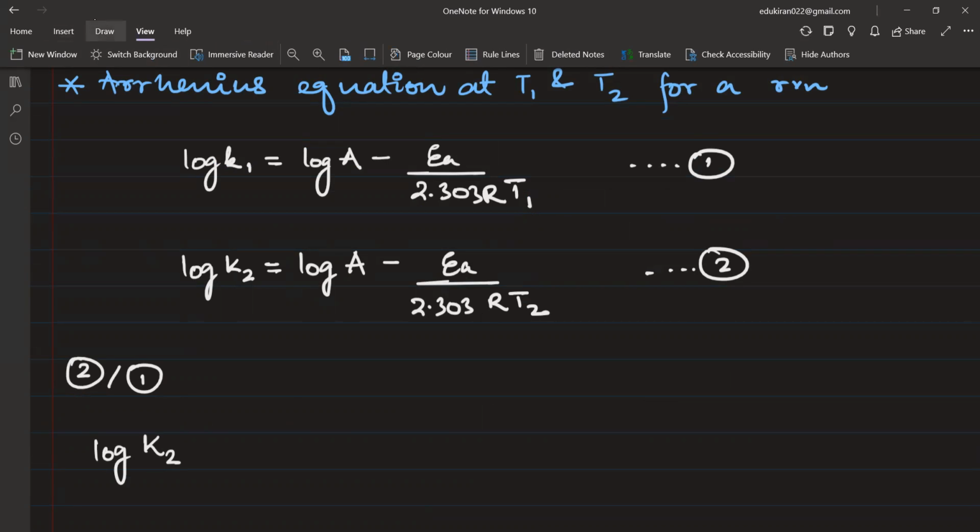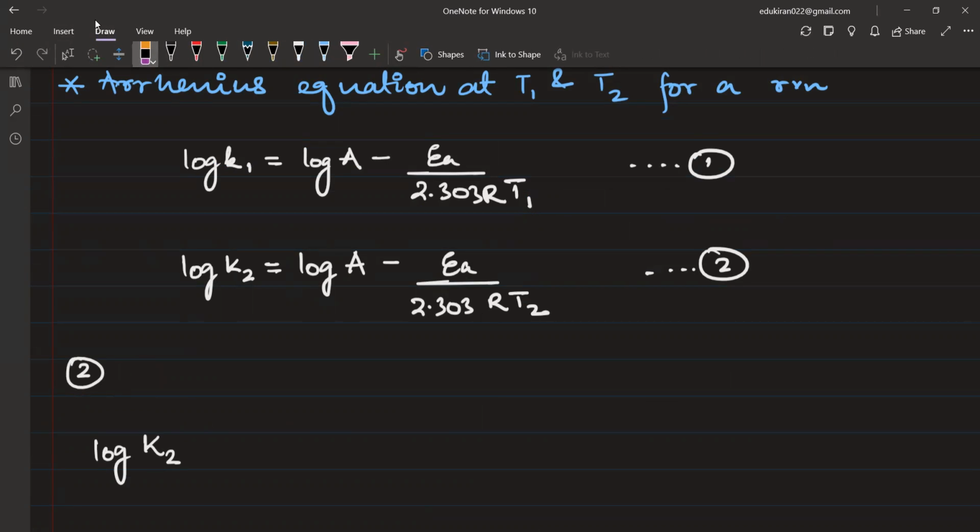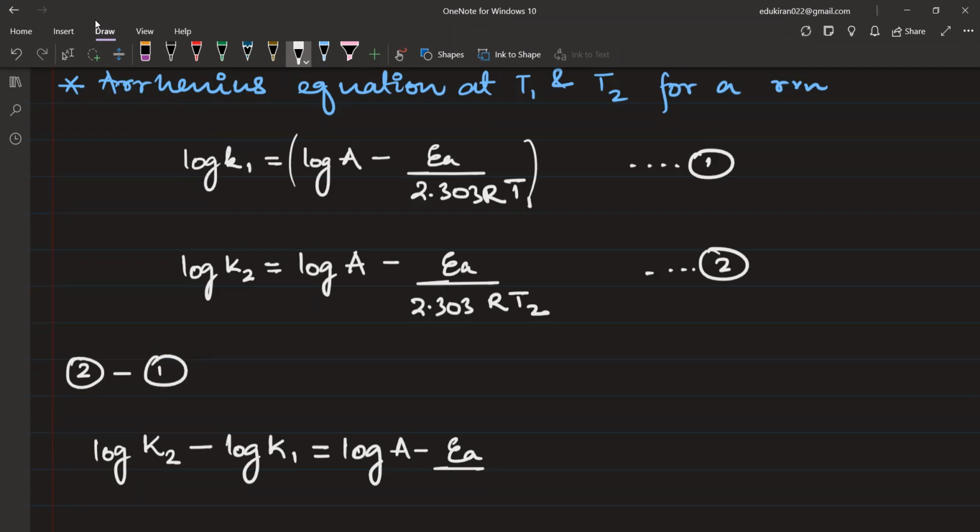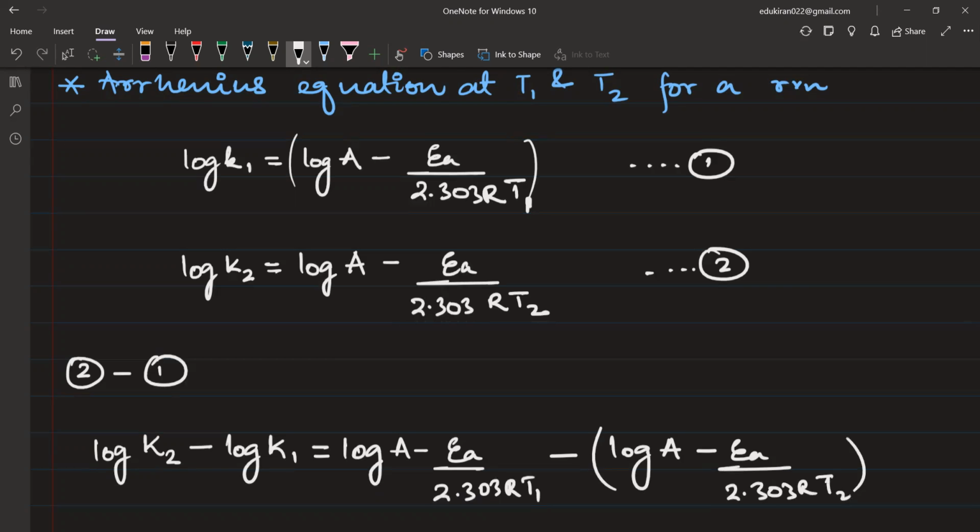We can also do 2 minus 1, because it is a log. Let's do 2 minus 1. Okay, so log K2 minus log of K1 will be equal to log A minus EA upon 2.303 R T1, minus log A minus EA upon 2.303 R T2.